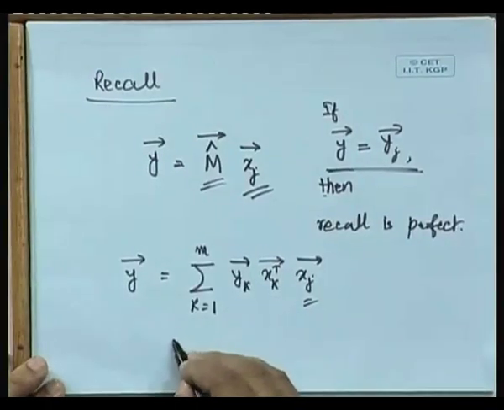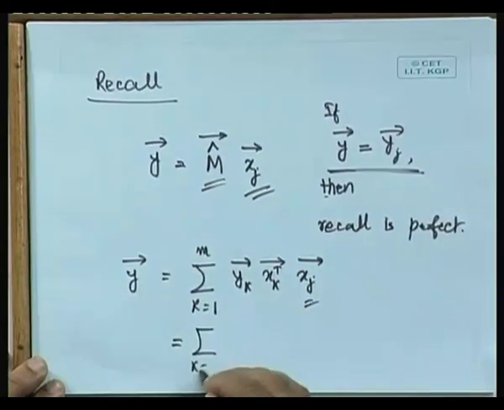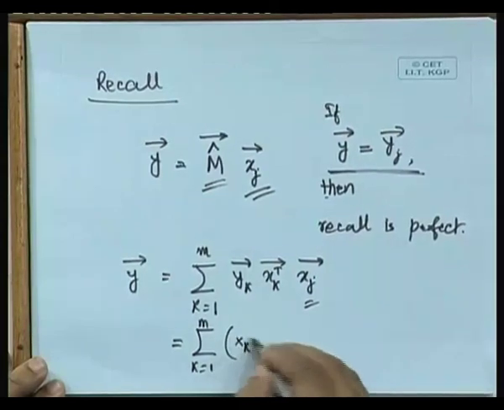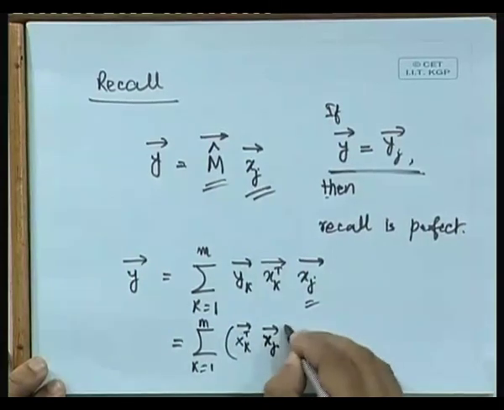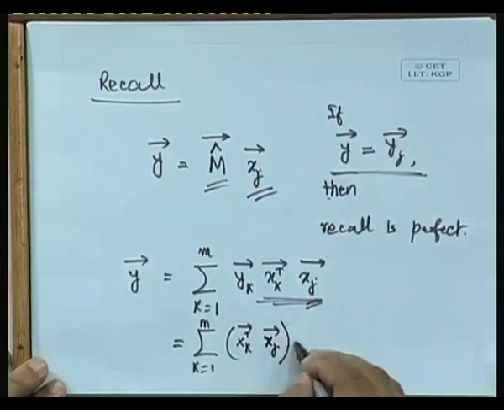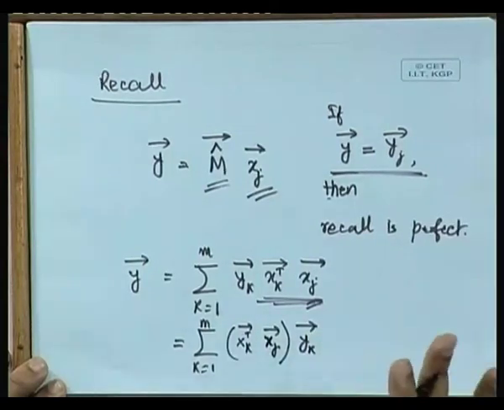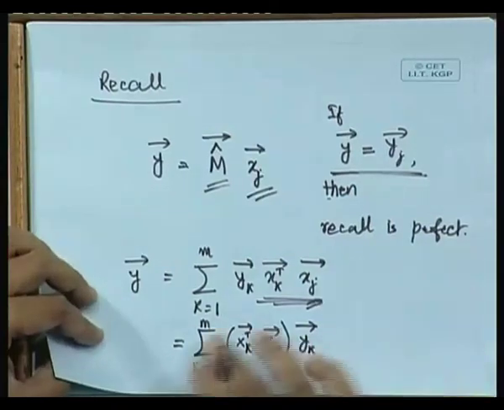And now what we can do is that this summation that we have got, it is very much possible for us to rewrite this product expression, and I can say k is equal to 1 to m, and I can now associate xk transpose xj. So I associate this and then I multiply it by yk. I can do that, and this now I expand.